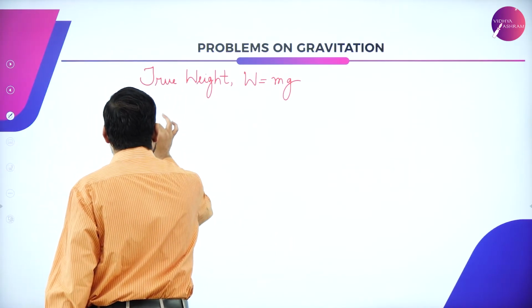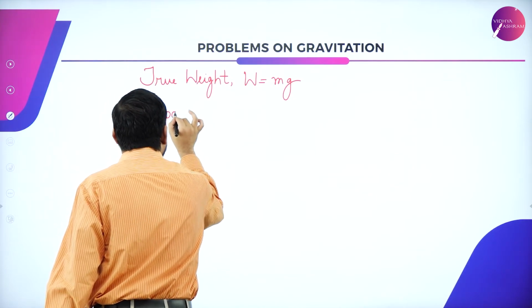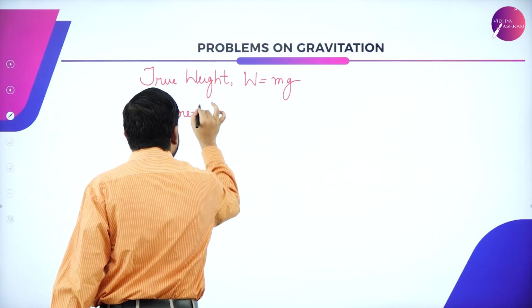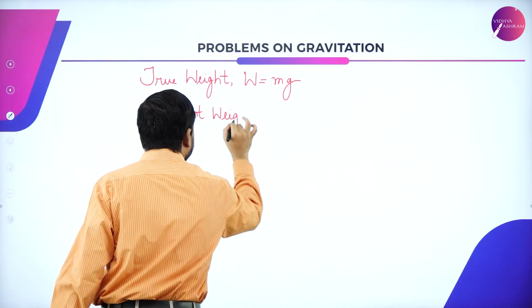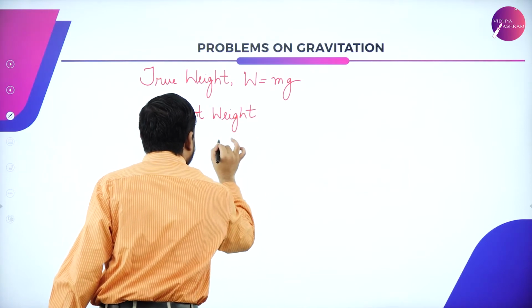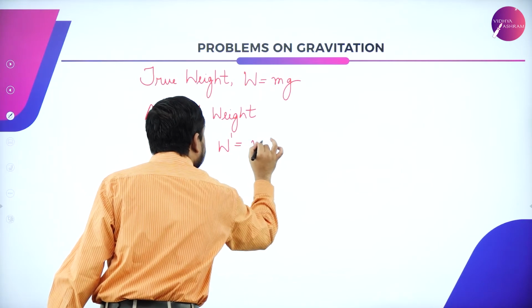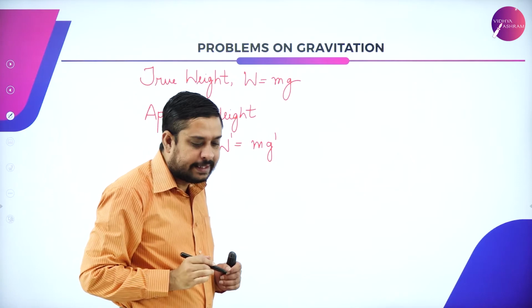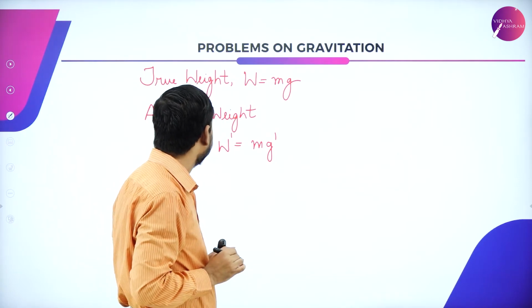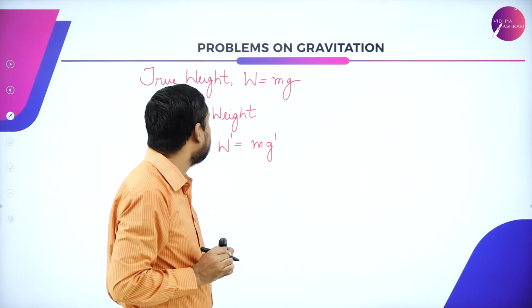Now, the apparent weight, I say, W dash is mg dash on the equator.